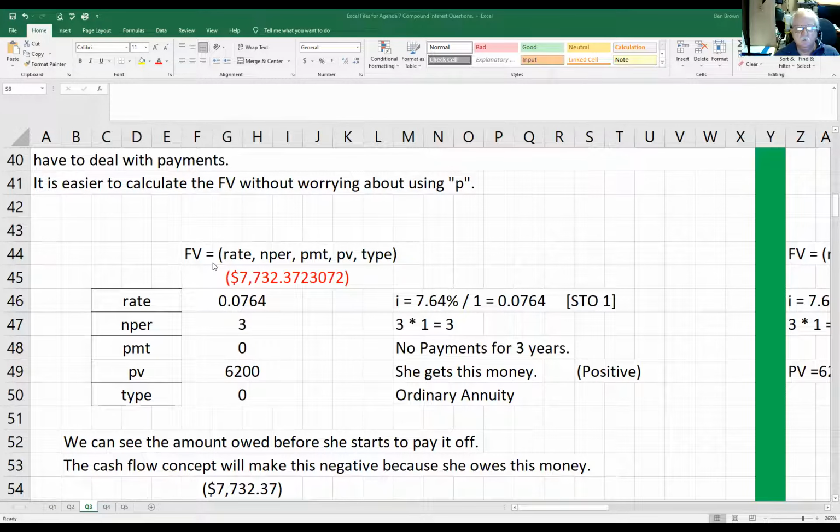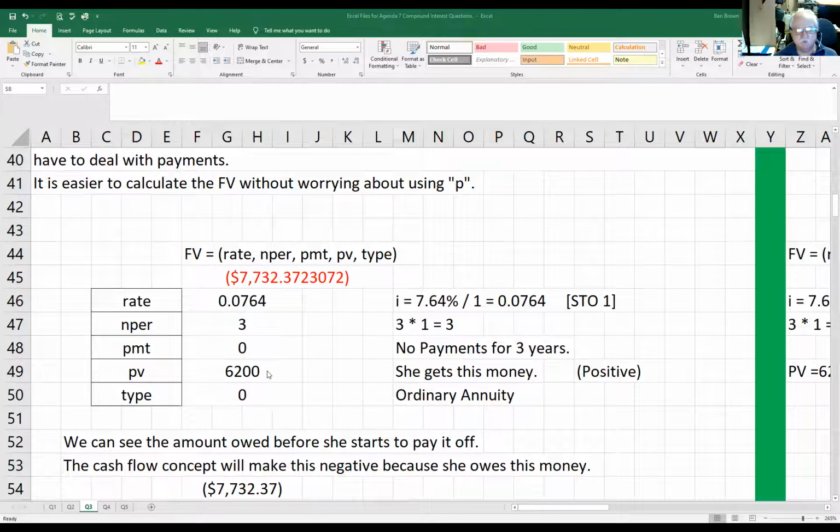So we could use P and it would make it a little more complicated, but it's easier to ignore the P and just calculate the future value of a sum of money. So we have to calculate I. We have to figure out that it's 3 years at one time a year is just going to be 3. There's no payments.